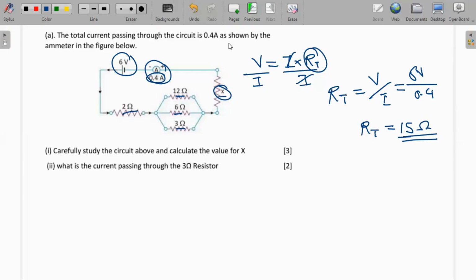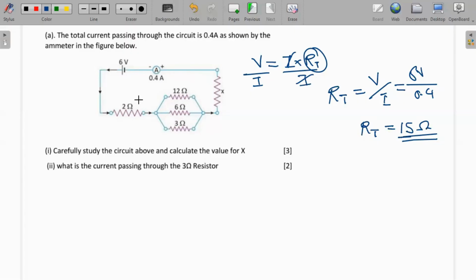We'll go back to our question and look at the arrangement of our resistors. Remember what we said in the previous question? When resistors are in a parallel arrangement like this, the reciprocal of the total resistance will be equal to the sum of the reciprocals of the individual resistances.